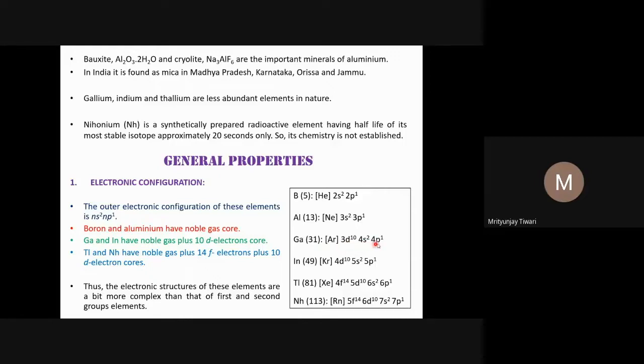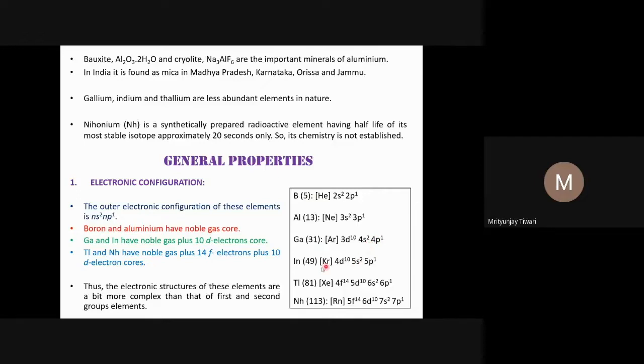So 4s2 4p1 is the valence electron configuration, and the core of gallium is the argon core plus 3d10. You write the electronic configuration of argon, then 3d10, and finally the valence shell.